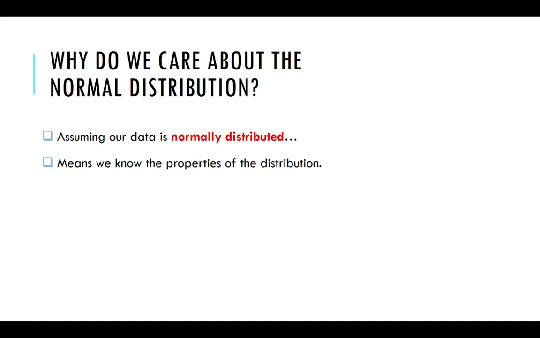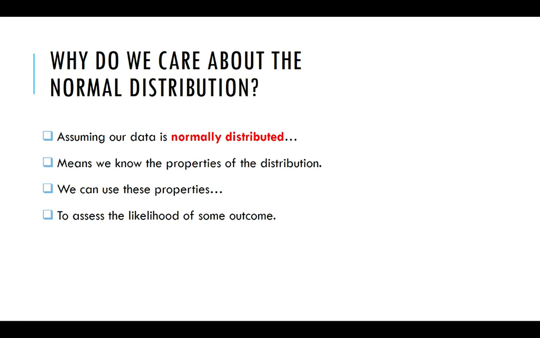We can be 95% certain that an observation would fall into that range. That's a property of our normal distribution.